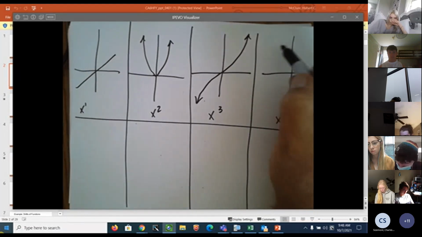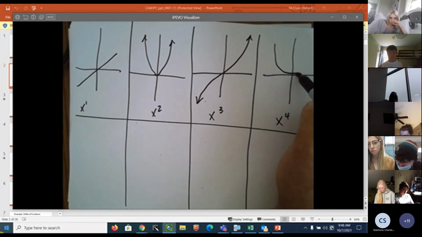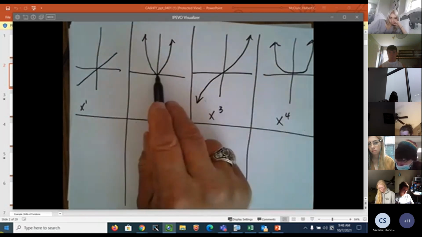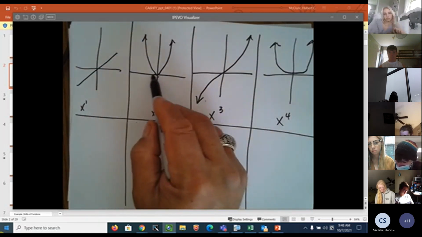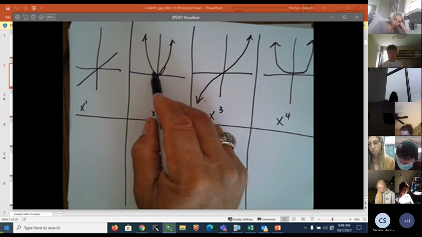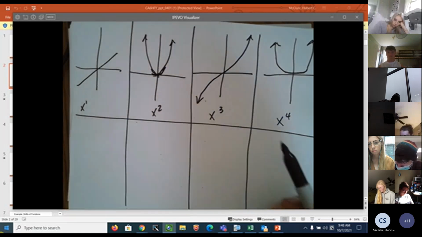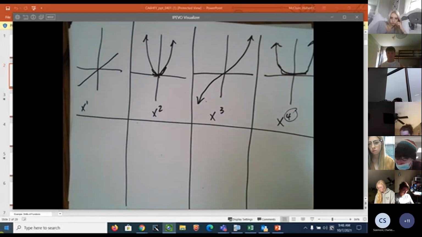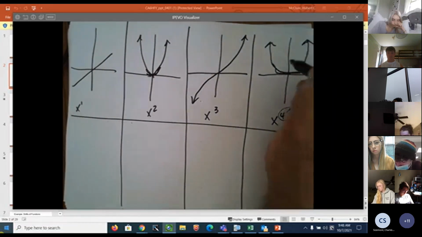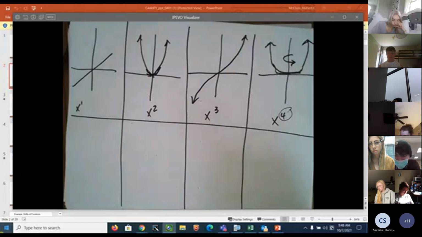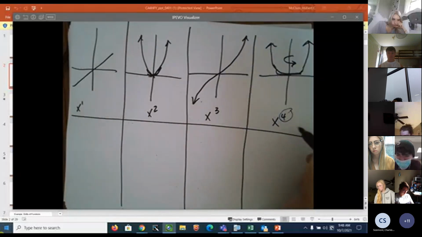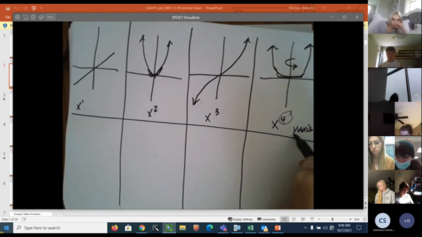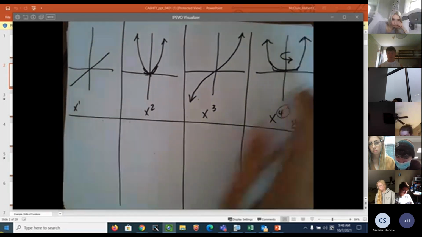X to the sixth, X to the seventh, the parabola starts to square off on the bottom versus a V-type bottom or a U-type bottom. Starts to square off. The higher the exponent, the more it squares off. The even exponent is symmetrical around the y-axis because it's an even exponent.